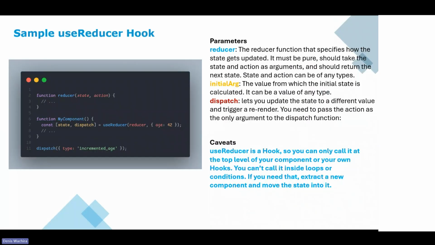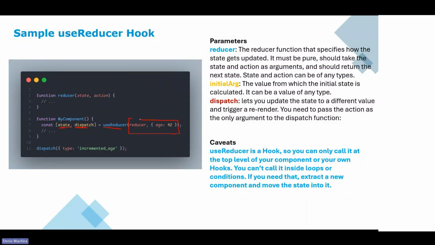And the next thing is something like this. There are things to understand when it comes to useReducer. Whenever you destructure whatever useReducer gives you, which is the state and the dispatch function, then you call the reducer, and you pass two things.